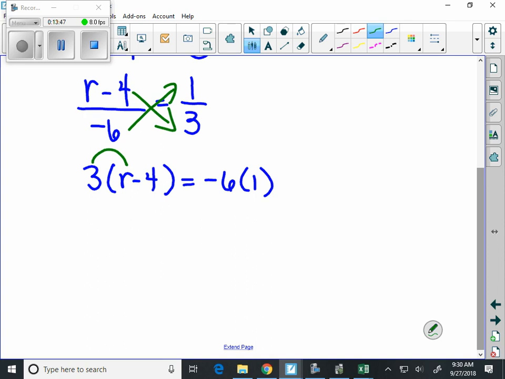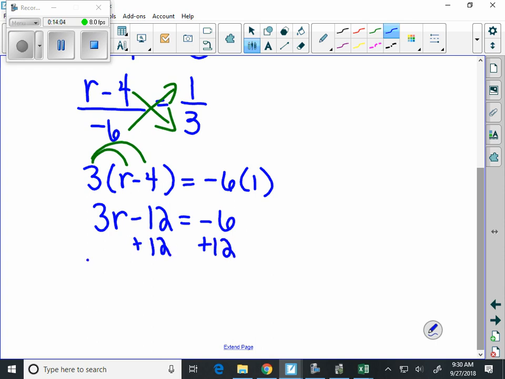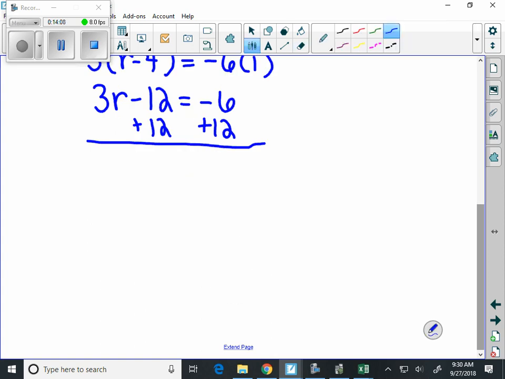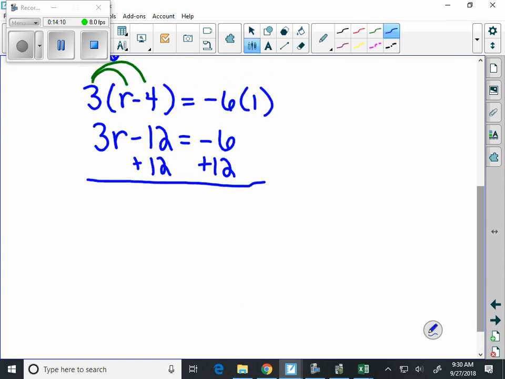I'm going to distribute. So we have 3r minus 12 equals negative 6. And we'll finish by solving our equation. Add 12, both sides. And we end up with 3r equals 6.